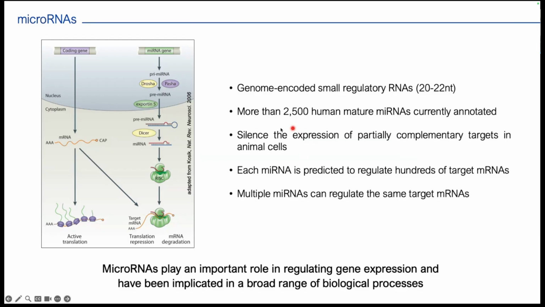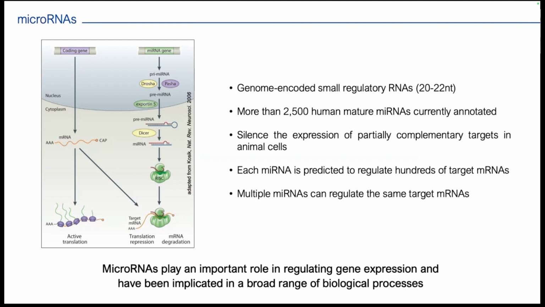The very important part of the microRNAs is that they silence the expression of targets, but they do this by partial complementarity with the target. Not like the sRNAs that are synthetic, that are designed to be fully complementary.